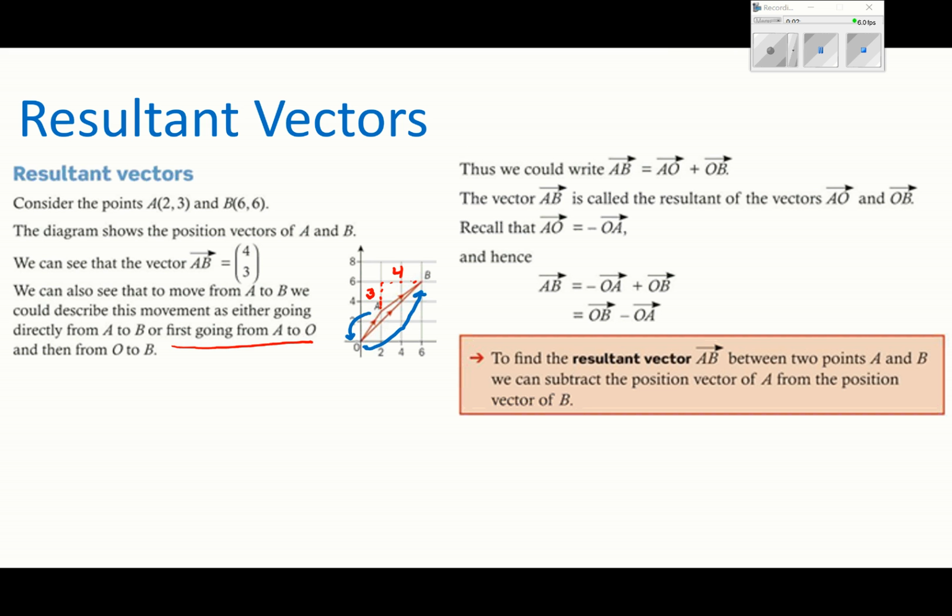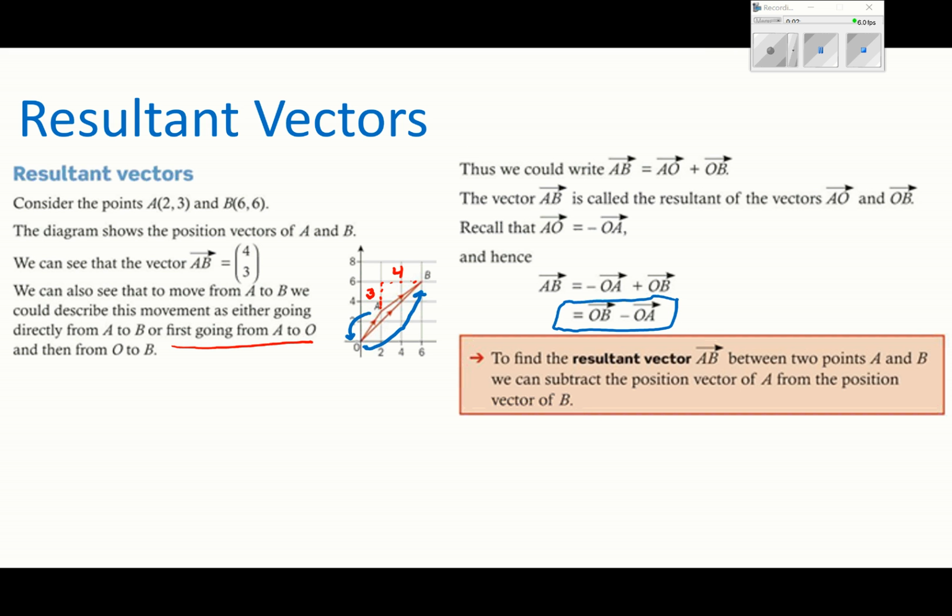And now recall, we can also write AO as the negative of OA. So if we went in the other direction, we'd just write it as negative OA. Therefore, and this is important, AB can be represented as OB minus OA.